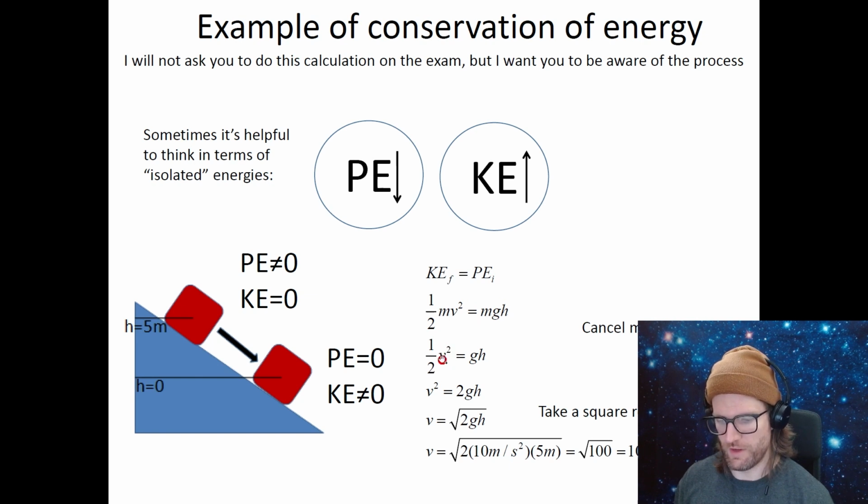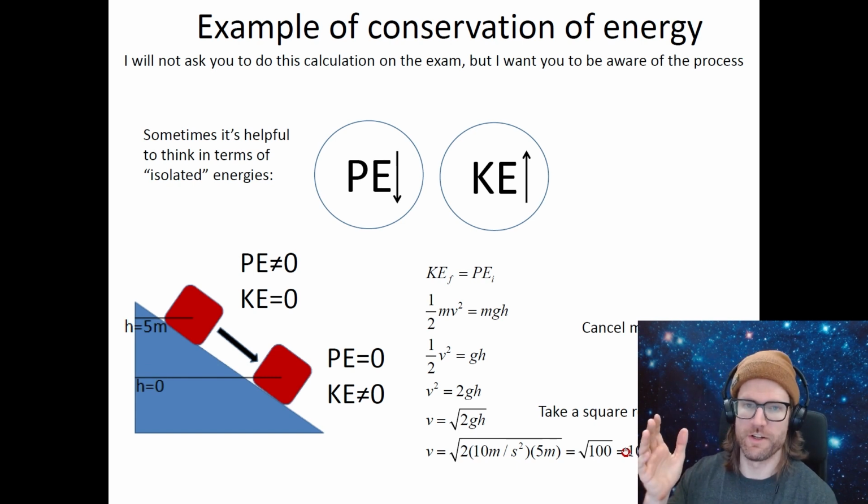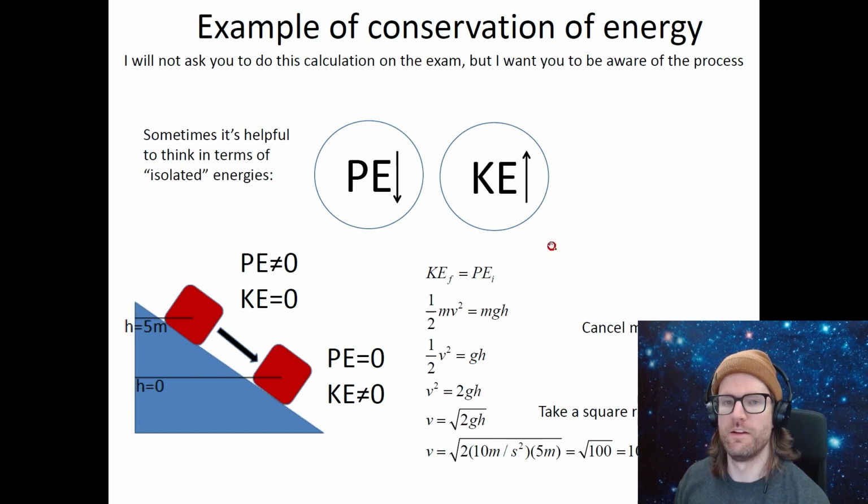It gives us 1/2 v squared equals gh. We do some algebra, and we get v equals square root of 2gh. We plug in numbers, 2 and 10, and h is 5. That gives us 10 meters per second. Okay, so we could use conservation of energy to figure out what the speed will be after this block slides down the inclined plane.